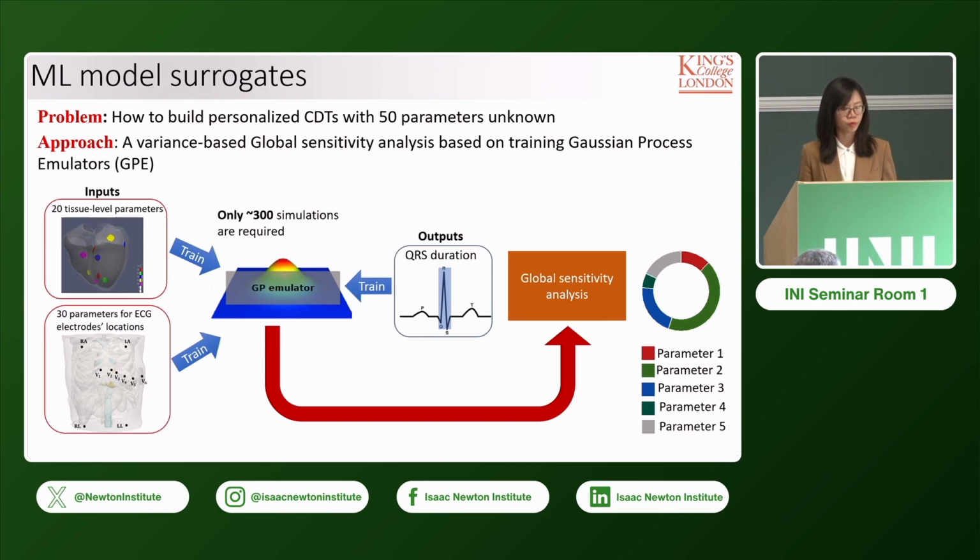Therefore this GPE can serve as a surrogate model on which we can perform a global sensitivity analysis. That helps us quantify the total effect of each individual input on the output, and helps us identify the most important parameter affecting the QRS duration.